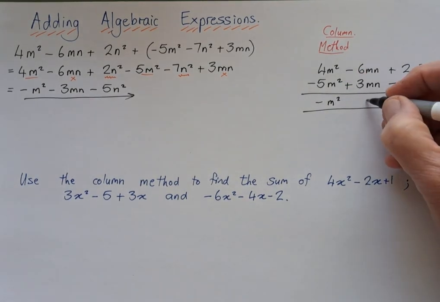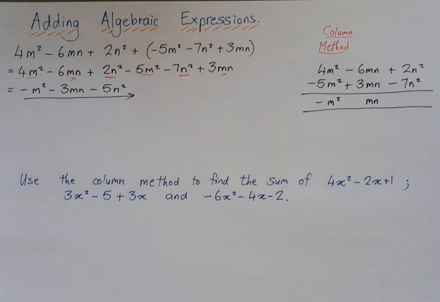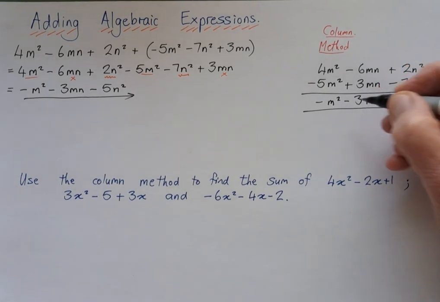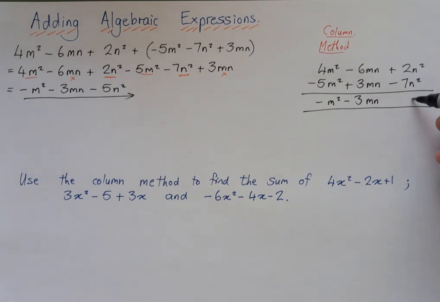Here I'm adding up mn terms. Negative 6 plus 3 is negative 3. And then adding up my n squared terms, I simply do what the sign tells me. Positive 2 minus 7 is going to give me negative 5.